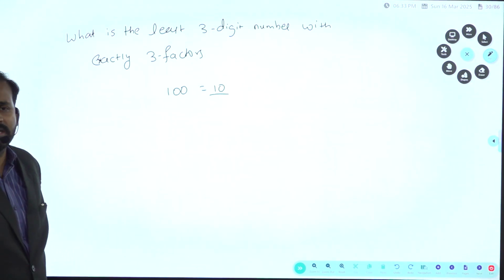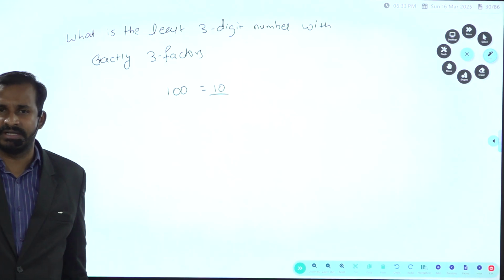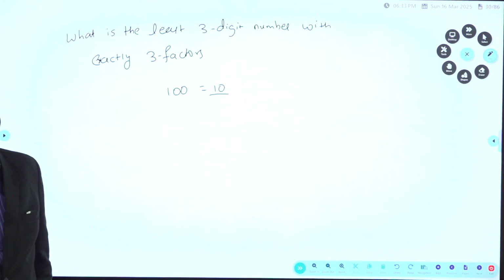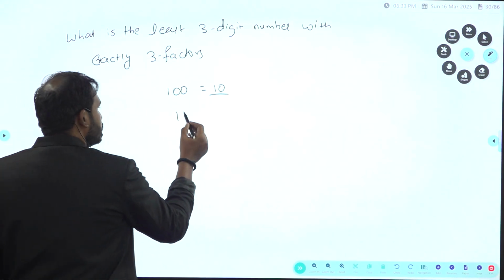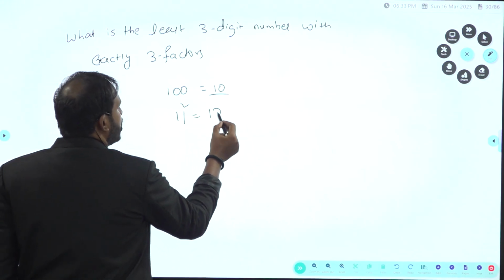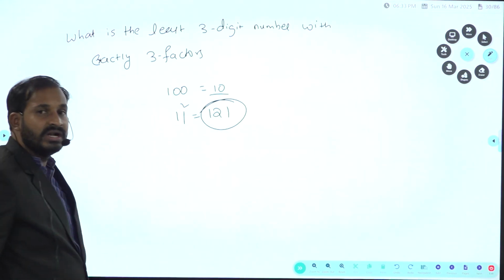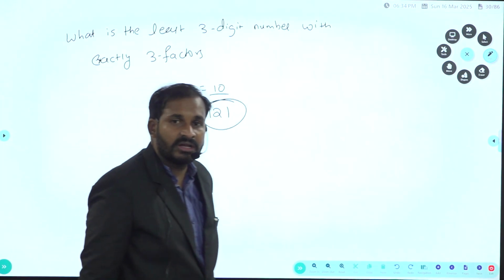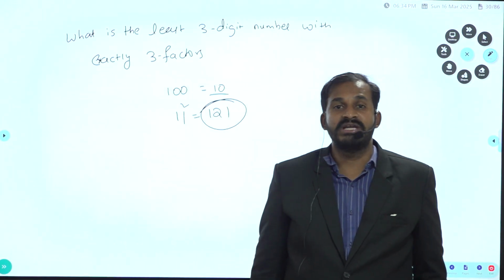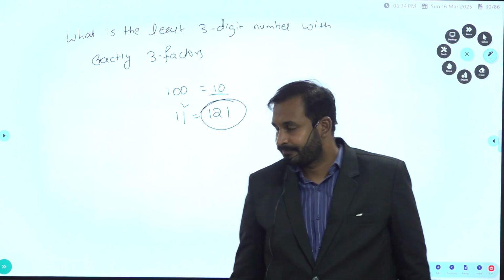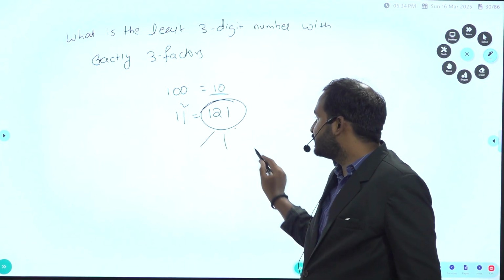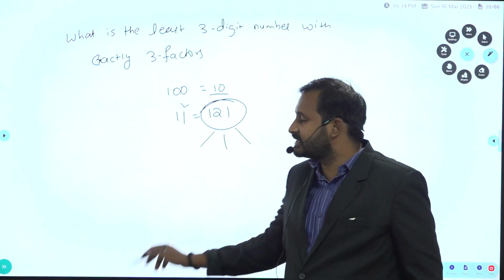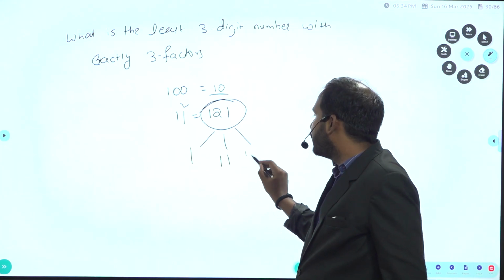Now what is the first prime number immediately after 10? It is 11. So 11 square will become 121. So I can say that 121 is the least 3-digit number which has exactly 3 factors, and those factors will be 1, 11 and 121.